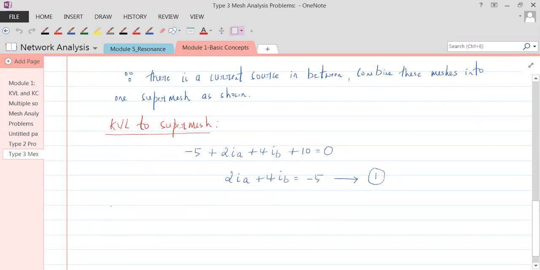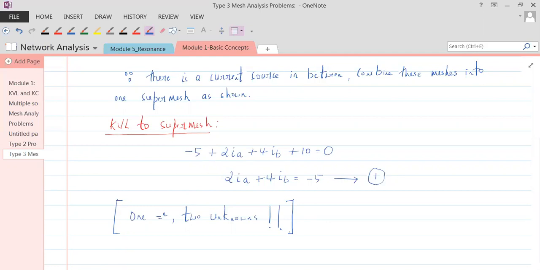So this should be your thought process. One equation, two unknowns. Problem. How to get one more equation? When would this happen?